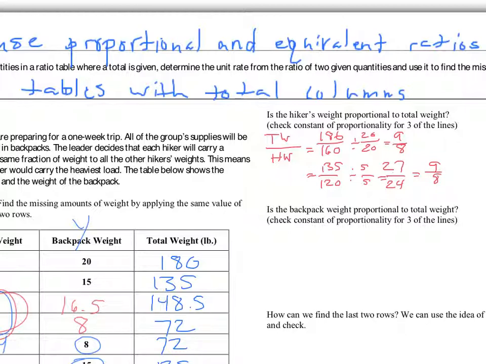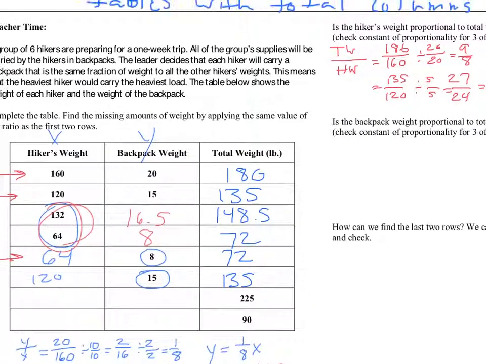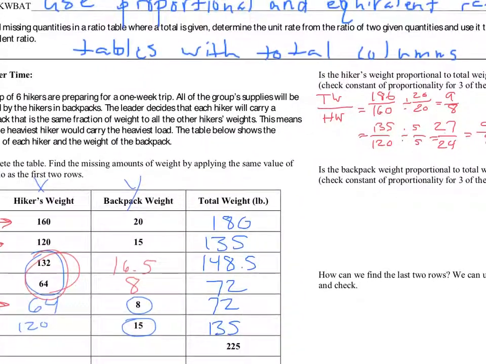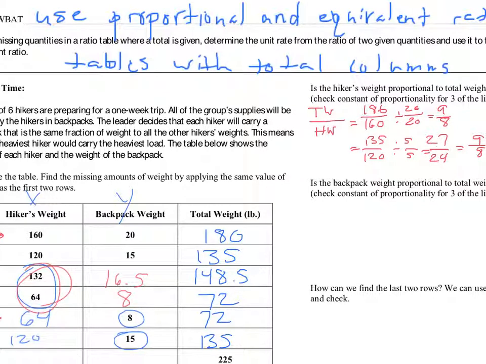So it looks like we're going to have the same constant of proportionality. We're going to check that with that last one down here. So the total weight was 72 over the hiker's weight, which was 64.